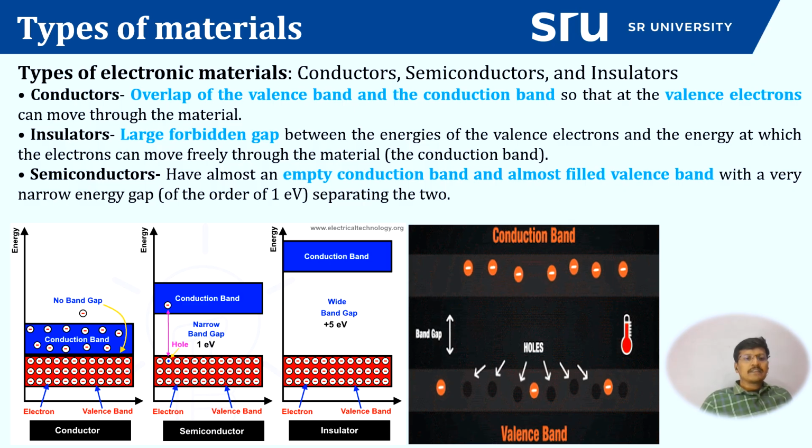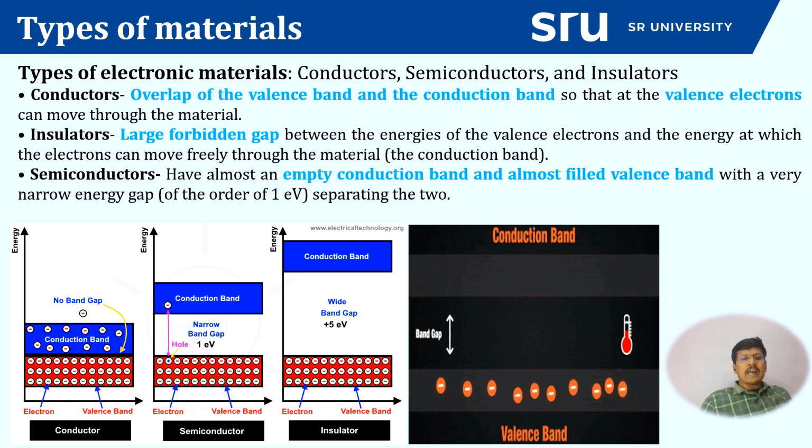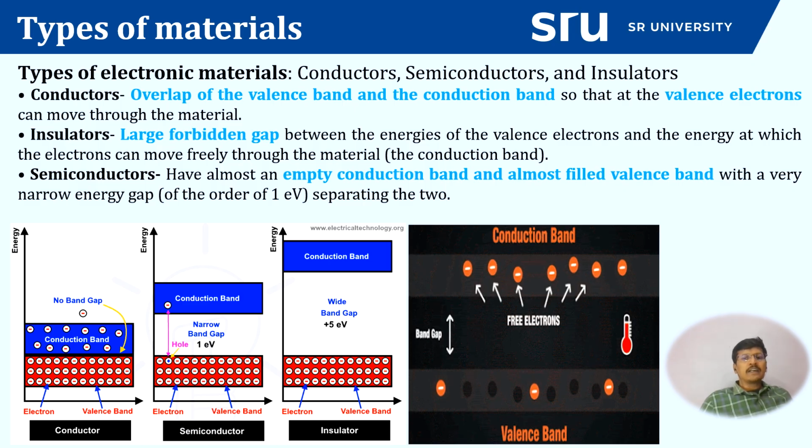You can see here the conductors, semiconductors and insulators. In conductors, the conduction band and valency band are overlapped. Whereas in insulators, there is a huge band gap, about 5 electron volts. Whereas in the semiconductors, the energy gap or forbidden gap lies between insulators and conductors.